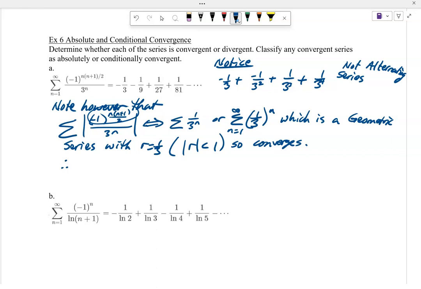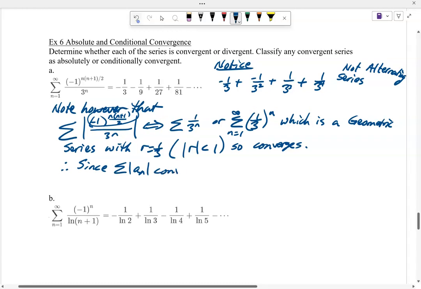Therefore, we know if the absolute value converges, we can conclude then the original a sub n will also converge.